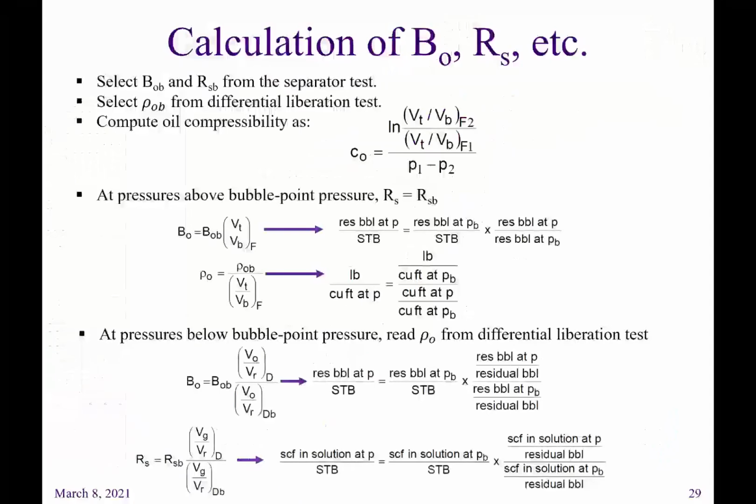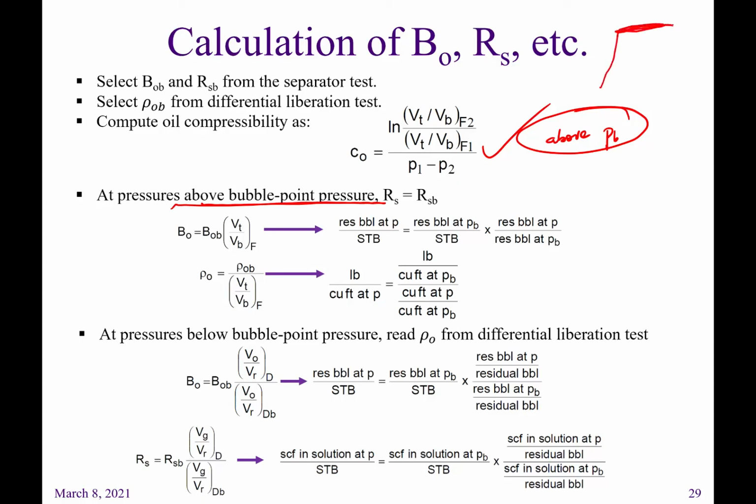Okay, now we continue from here. We'll start at this calculation, which is above bubble point pressure. Now, the other calculations we can perform above bubble point pressure. What's RS? Remember, the plot for solution gas-oil ratio looks like this.